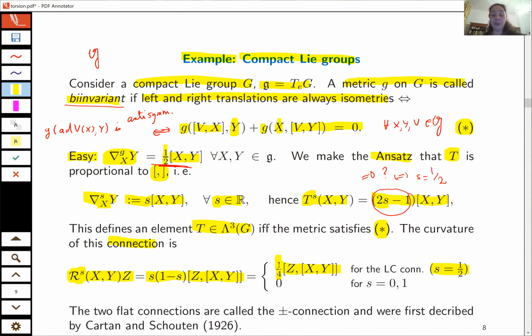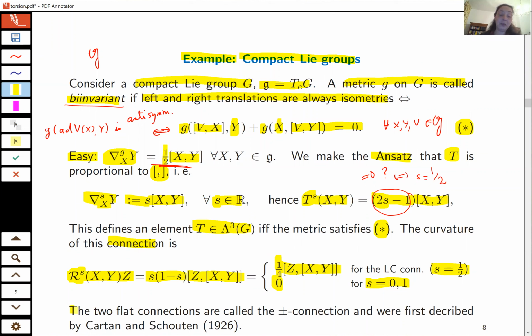And there are two values, namely s equals 0 and 1, for which the curvature vanishes. Right? So this connection is going to be flat for the values of s being 0 and 1. And this is a very remarkable and rather rare property.